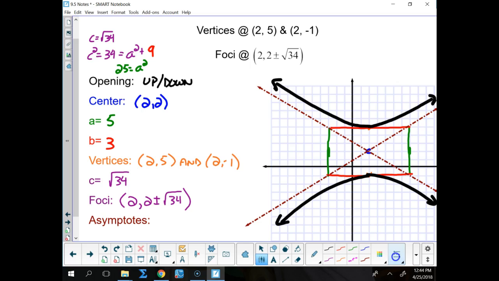Equation. Okay, what do you got for an equation? I got (y minus 2) squared over 9 minus (x minus 2) squared over 25 equals 1. Concur. Yep.